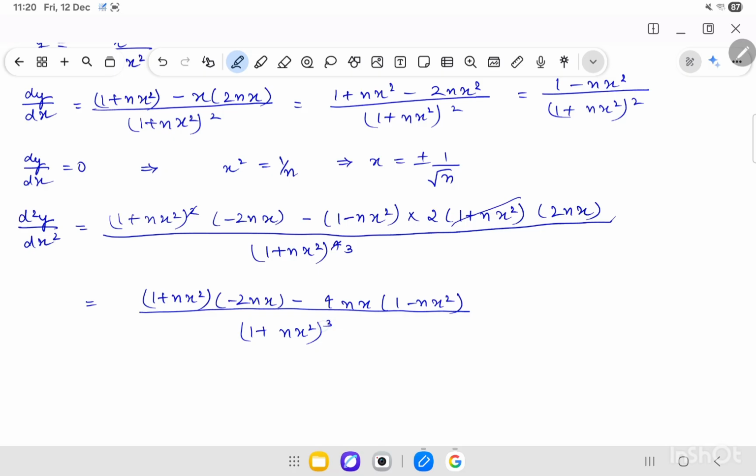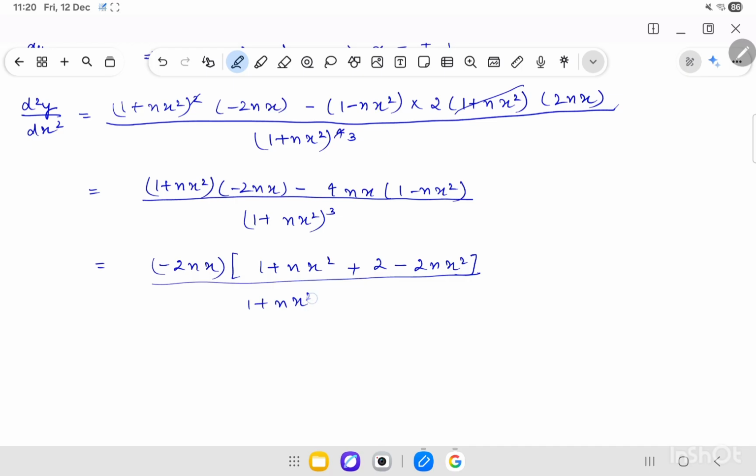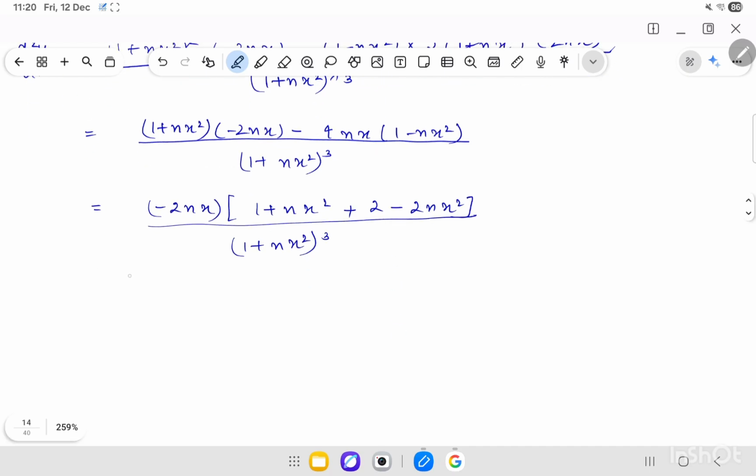So what I can do is pull out minus 2nx as common, so I'll be left with 1 plus nx square plus 2 minus 2nx square divided by 1 plus nx square cube. It will be equal to minus 2nx times 3 minus nx square divided by 1 plus nx square cube.